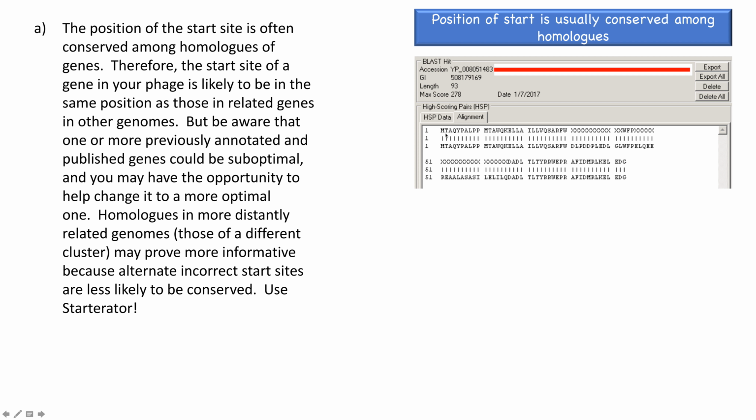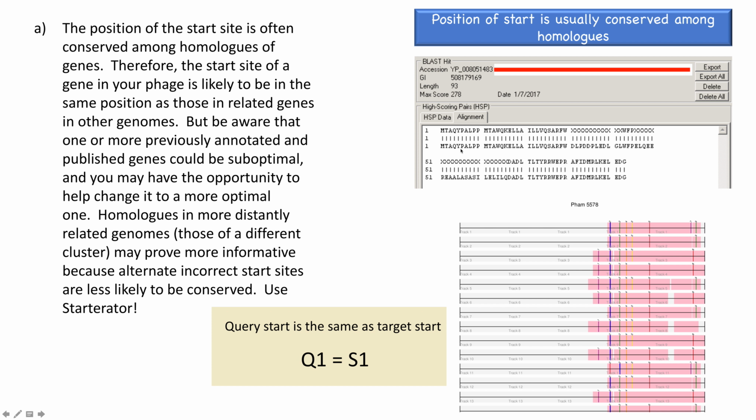And you can see in this particular example, they do, MTA, MTA. So in this sense, the first amino acid of the query protein, our protein, matches what the amino acid sequence that it matches in PhagesDB. So Q1 equals S1. And this is the notation we will use when we see these kinds of alignments.